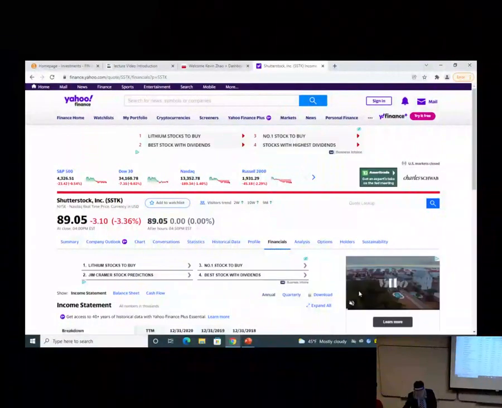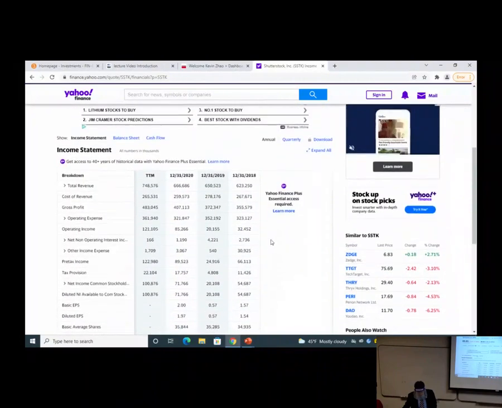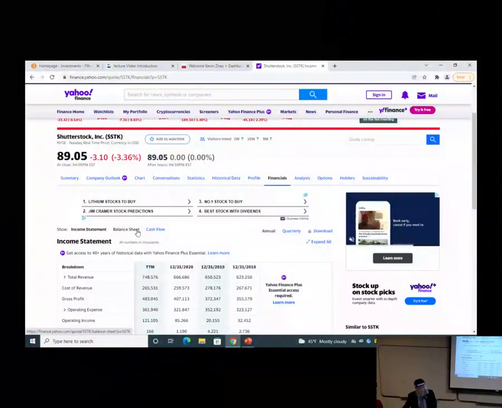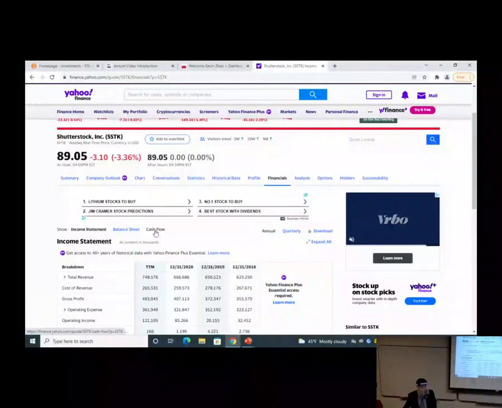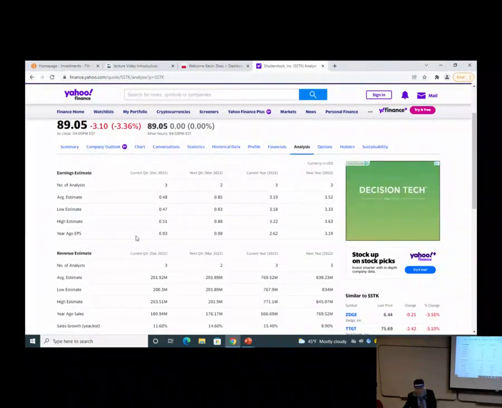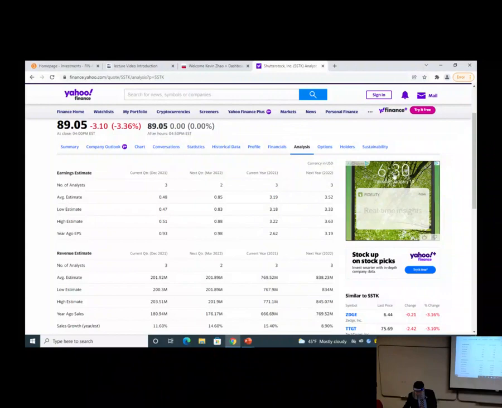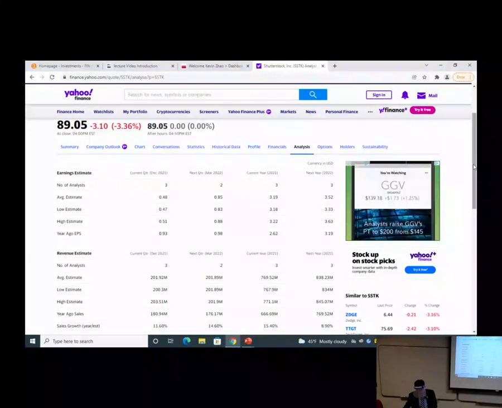For financial numbers, it covers 3 years, 2018, 2019, 2020, annual numbers, and you can also check quarterly numbers. Balance sheet, income statement, cash flow, very simple. Main financial statements, and some analysis, other people's opinions regarding revenue, earnings, buy or sell recommendations, and so forth. So from here you will get a lot of very basic information about the company.